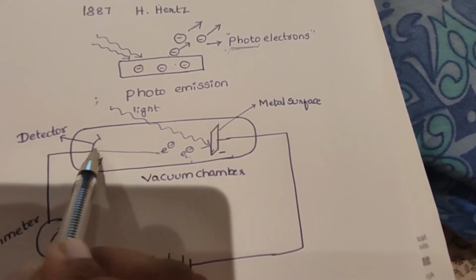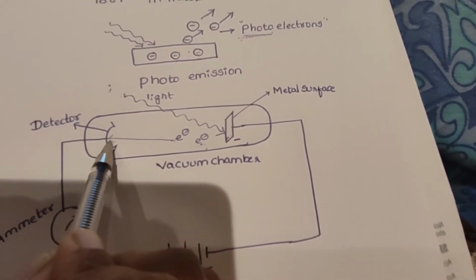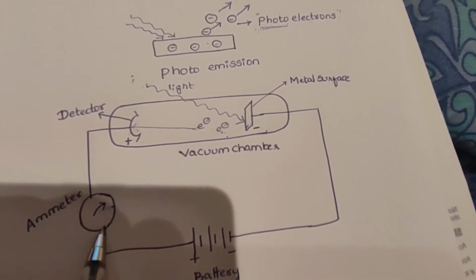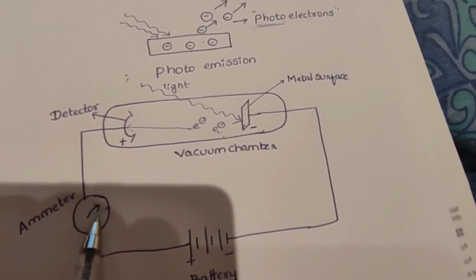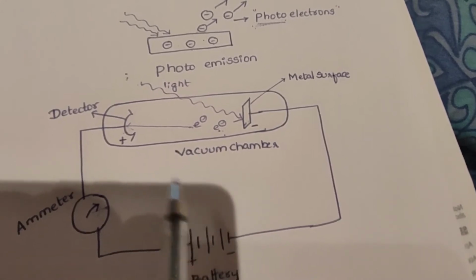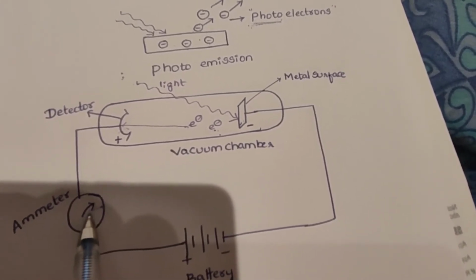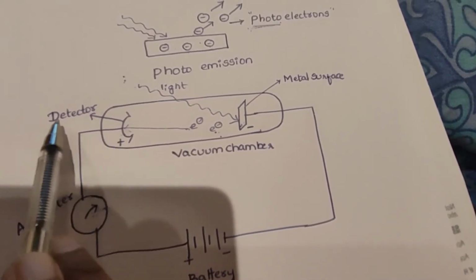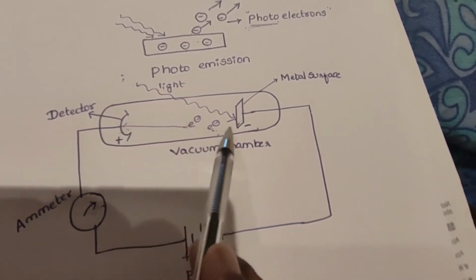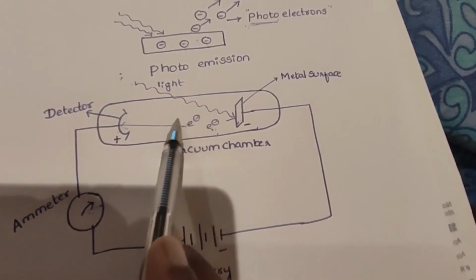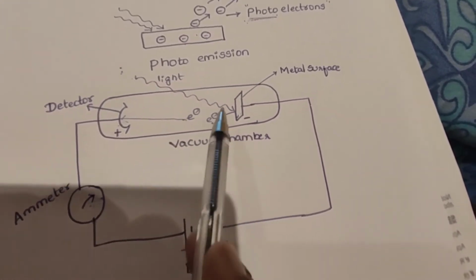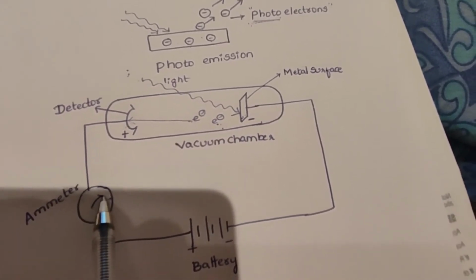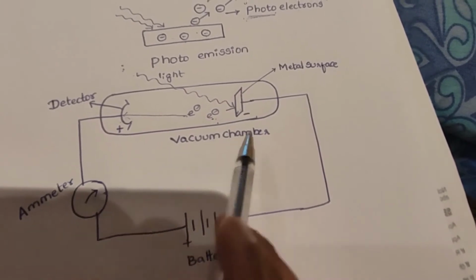These electrons strike the detector, which is connected to the ammeter. This ammeter measures the current. Flow of electrons is nothing but electric current. So the electrons ejected reach the detector, and the current produced, that is the amount of electrons produced, can be measured using the ammeter. These are the equipment.